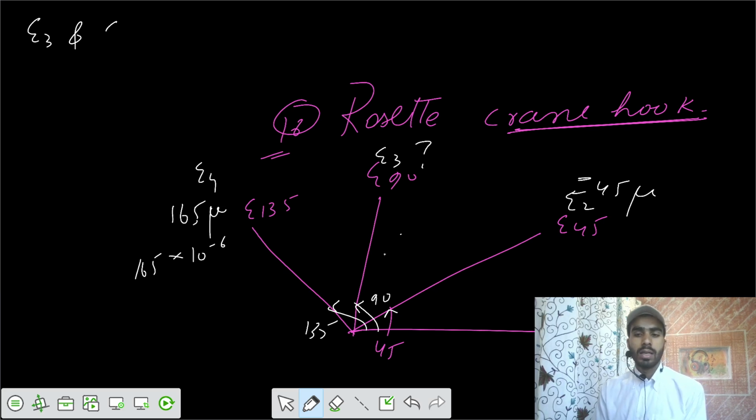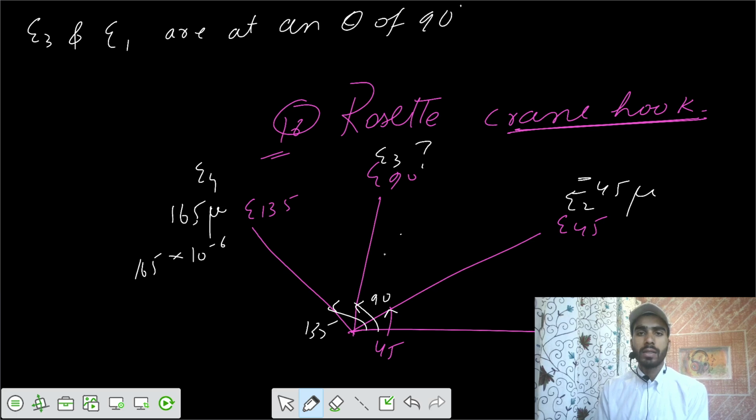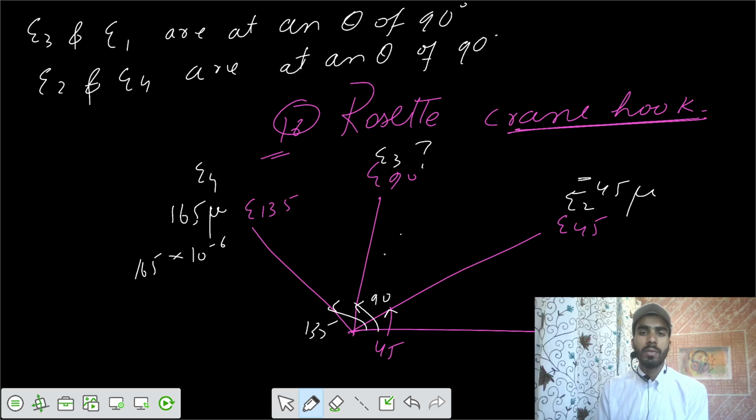E3 and E1 are at an angle theta of 90 degrees. Similarly, E2 and E4 are also at an angle of 90 degrees from each other.